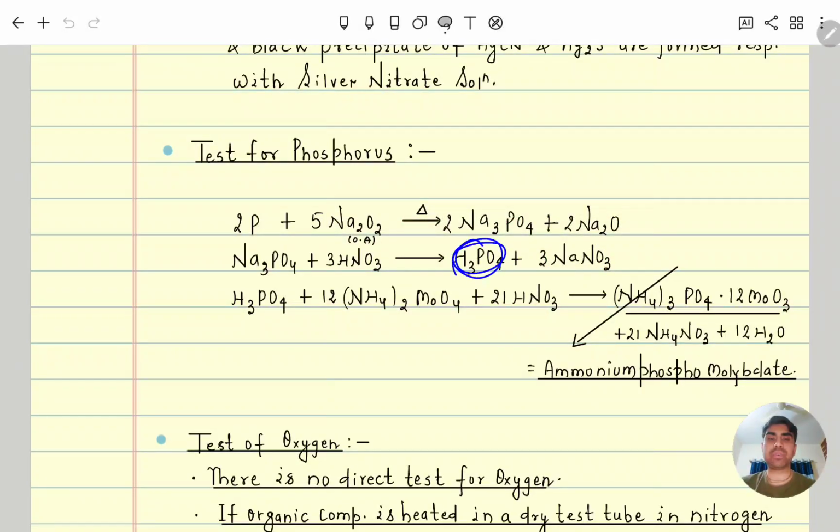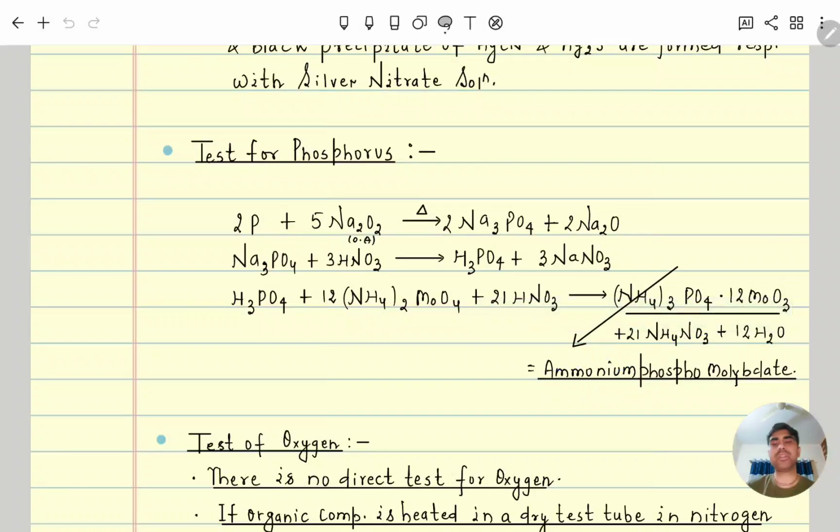This H3PO4, where phosphorus is present, we react with ammonium molybdate, (NH4)2MoO4, along with HNO3. It will form a very important compound. Remember this formula, they always ask it: (NH4)3PO4·12MoO3, along with 21 NH4NO3 and H2O. So this formula is very important.